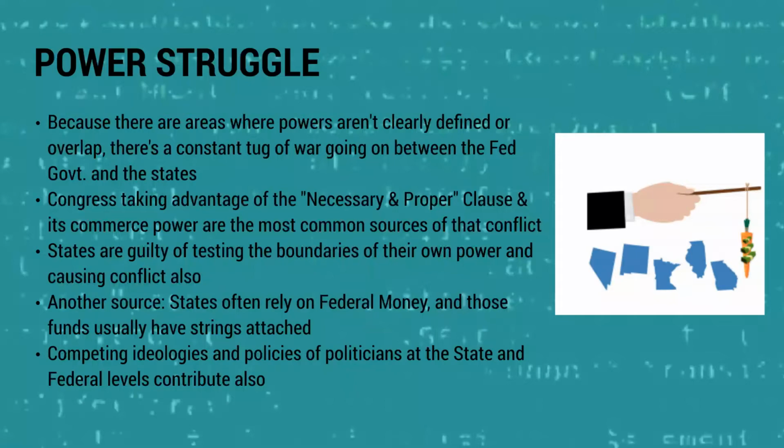And then finally, just competing ideologies of the politicians who are in power, both at the federal level and at the state level. You're seeing a lot of clashes between certain states and the federal government right now when it comes to dealing with stay-at-home orders and assistance, monetary assistance to deal with the virus and everything.